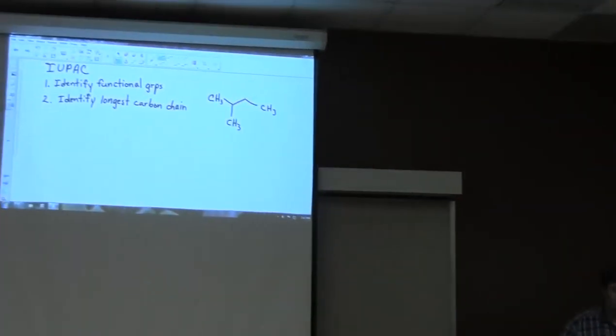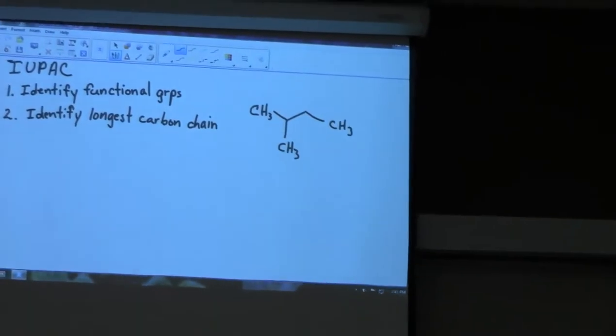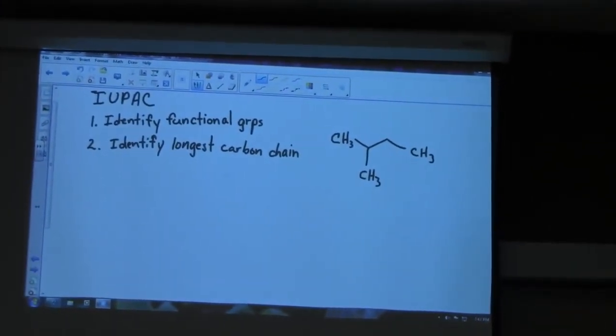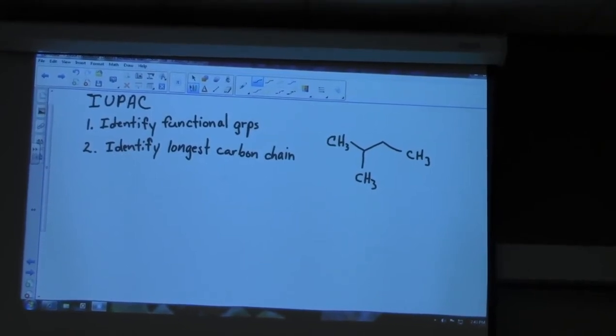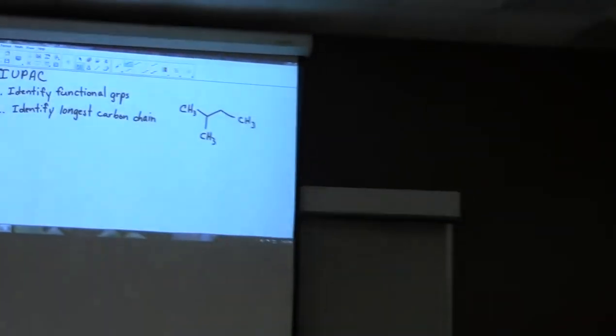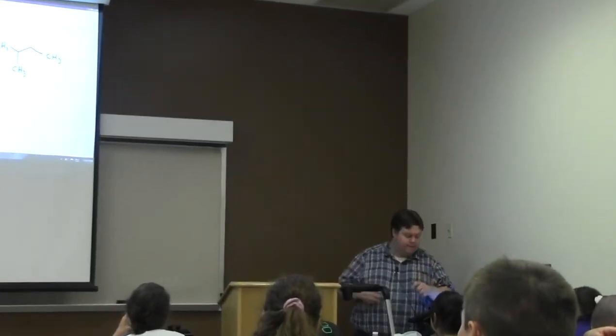Okay, how many carbons do we have here? 5. All right. So this is one of those isomers that we saw of C5H12, right? Okay. Now, when those carbons were all arranged in a straight line, what did we call that? Straight chain. It was called pentane.